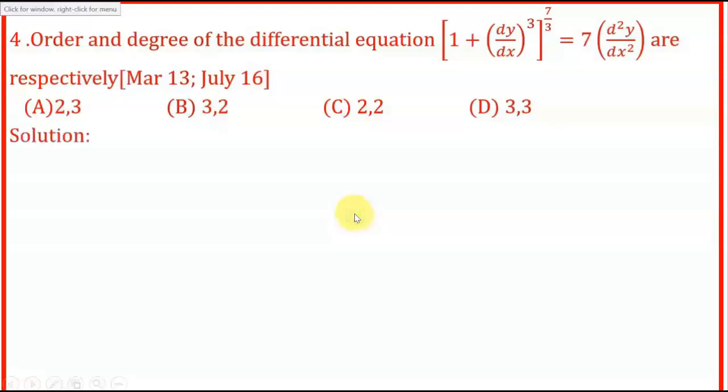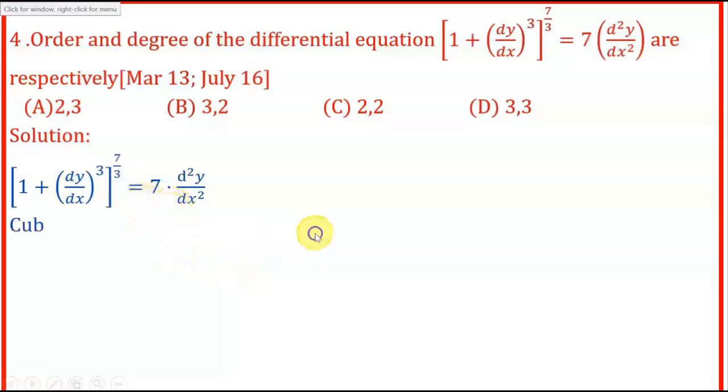Now we'll see this equation: [1 plus (dy by dx)^3] whole raised to 7 by 3 is equal to 7 into d2y by dx square. Now take the cube on both sides. To find the order and the degree, the equation must be free from the radical sign.